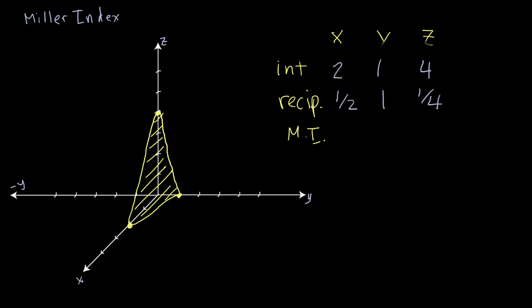And then to clear our fractions out this time, we can multiply by 4. And this will give us 2, 4, 1. So this plane is the 2, 4, 1 plane in parentheses to denote the Miller index.